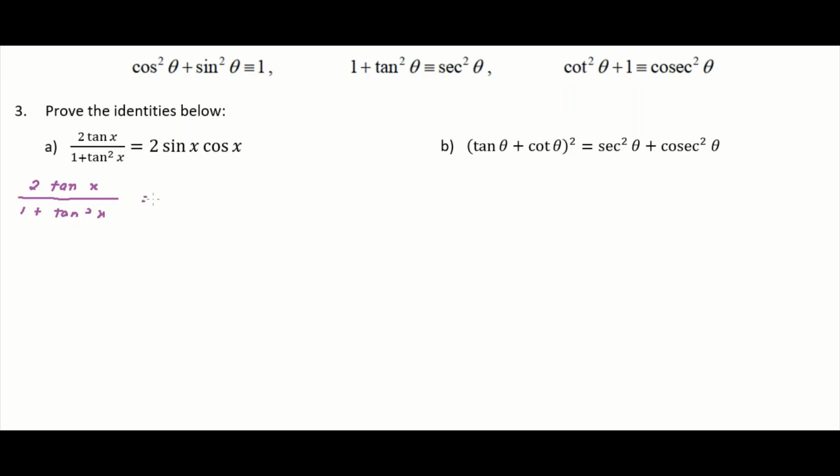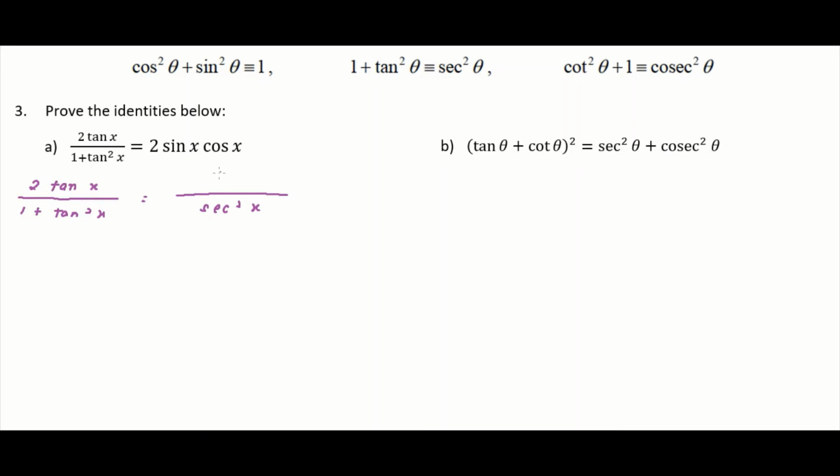So 2 tangent x, then 1 plus tangent square x. You can see you are left with sine x and cos x, so of course you will need to change both of these. Since you have 1 plus tangent square x, that gives you secant square, so we can straight away change this into secant square x. How about the 2 tangent here?